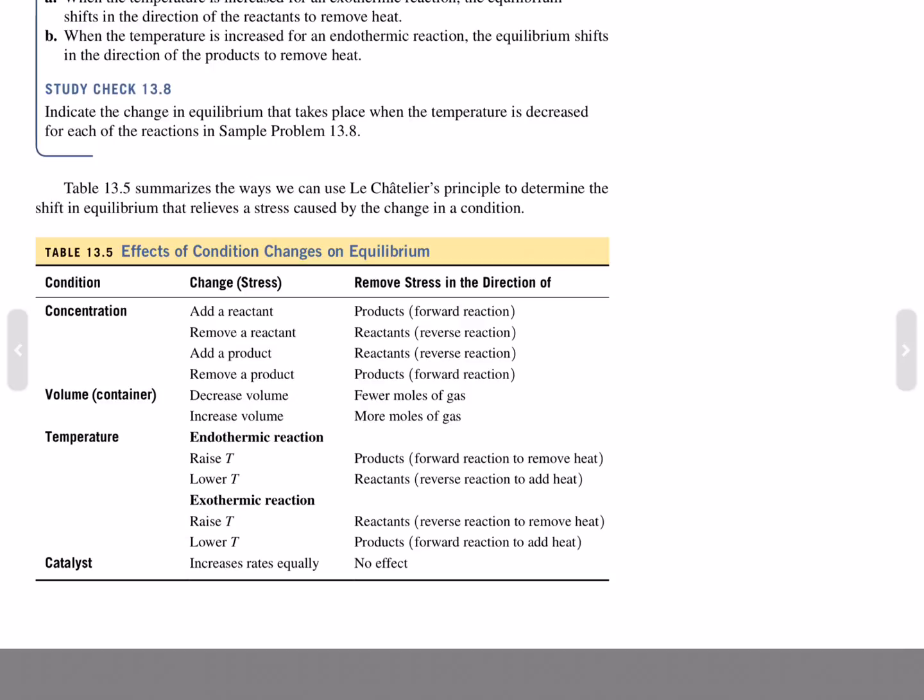If the temperature of an exothermic reaction raises, it shifts towards the reactants, and if the temperature of an exothermic reaction lowers, it shifts towards the products. The addition of a catalyst increases only the rates, but it has no effect on the stress in either direction because the rates are going to be coming up equally.